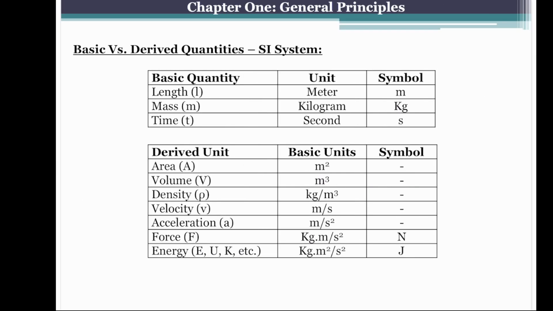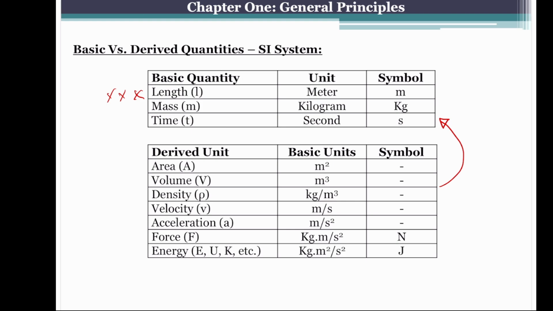So what do I mean by basic versus derived quantities? To simply explain this, you have to know that the derived quantities are derived from the basic quantities. So if you consider the area, it's just multiplying the length 2 times, you'll get the area. 3 times, you will get the volume.